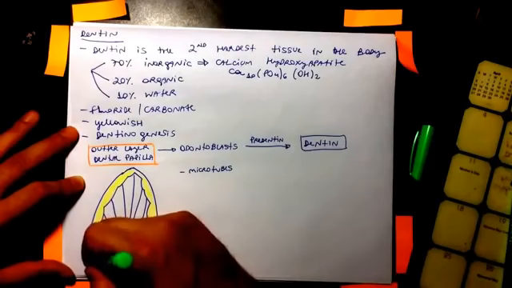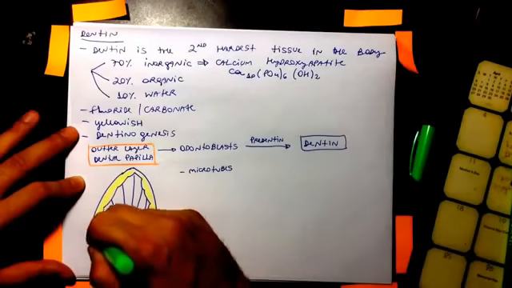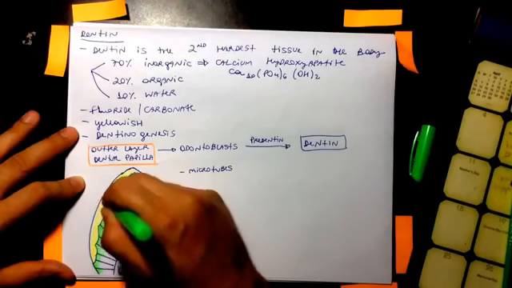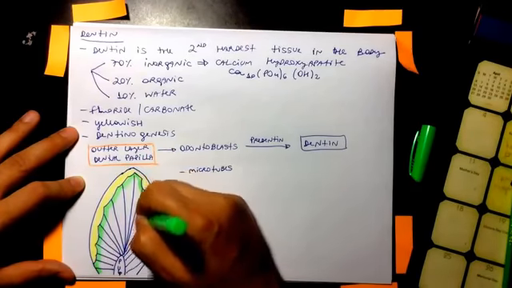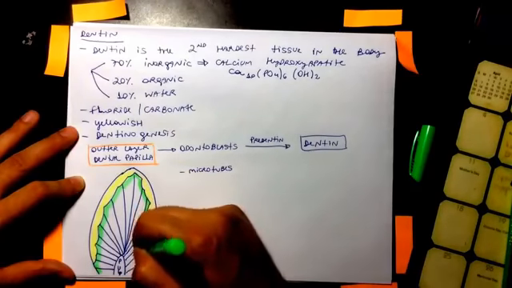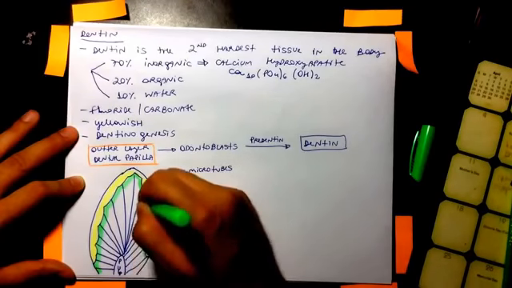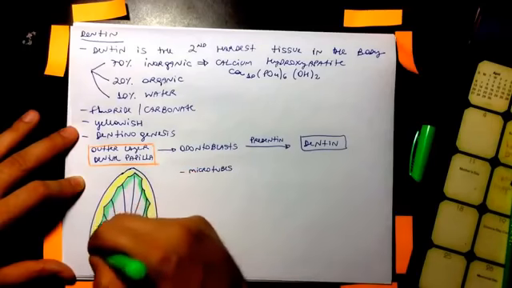So I'm gonna paint in green over here the outermost layer, close to the dentino-enamel junction.